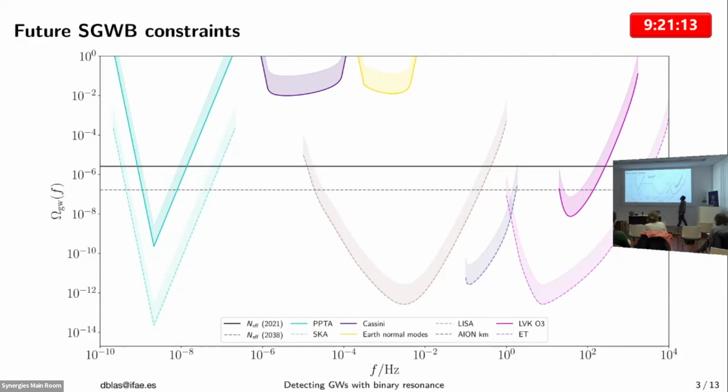But what is really more important for the field is LISA, which is going to have millions of kilometers in the arms. That means you start exploring a region which is not covered at all at any interesting scales.